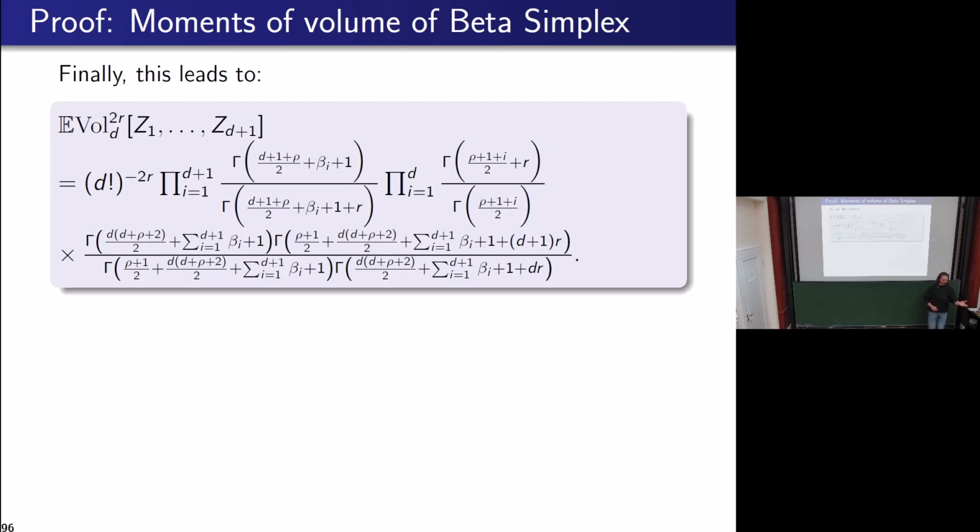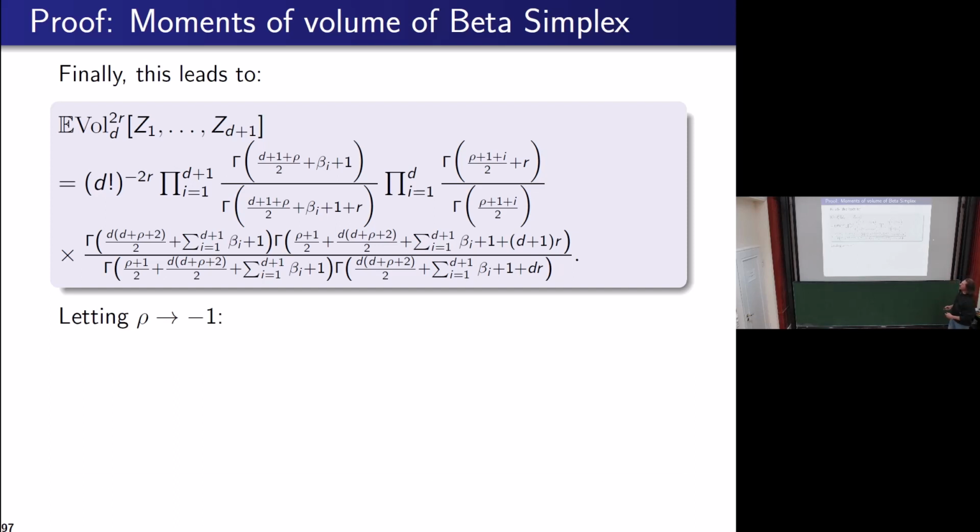Now, everyone except maybe Dominic, since we talk about gamma functions, might be disappointed at this point. But first of all, what we can do to make this a little bit more concise is let rho go to -1. Because as you remember, this is a beta simplex weighted to the power of rho plus 1, and we wanted to have the power rho of 0.